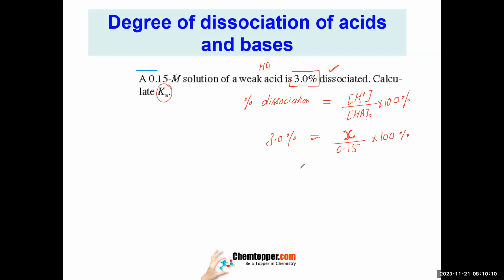So what's the value of X? Percent cancelled. This is molar. So X is 3.0 times 0.15 over 100.